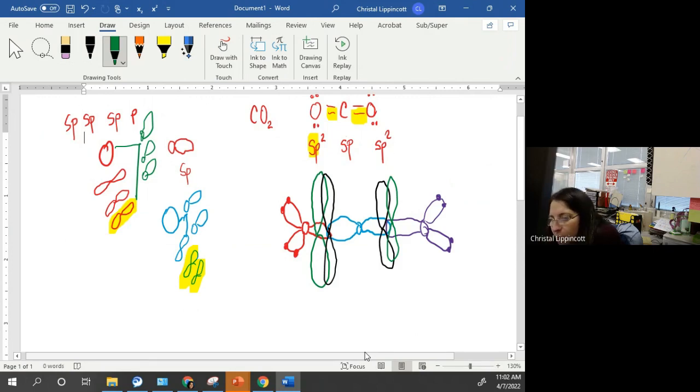But you had 2 p orbitals that did that. 2 p orbitals and then get 3 hybridized, because you've got an s, a p, and a p. 1, 2, 3, 1, 2, 3. Good? Make sense? Okay. All right. So that's how that bonding kind of works.